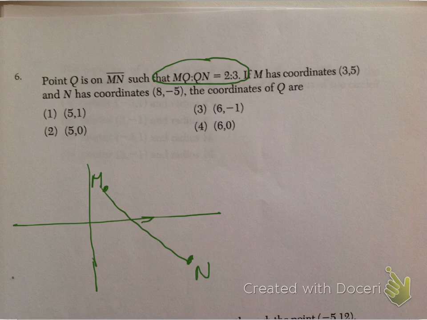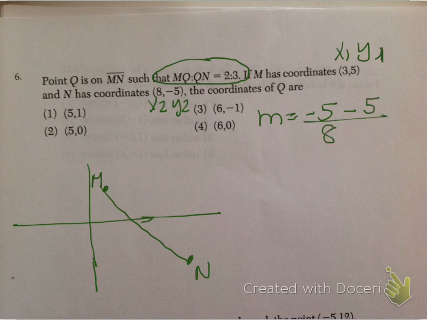And the first thing we want to do is find the slope of that line. So you can count up and over, or you can use the slope formula. Here's x1, y1. Here's x2, y2. So the slope is going to be y2 minus y1 over x2 minus x1.